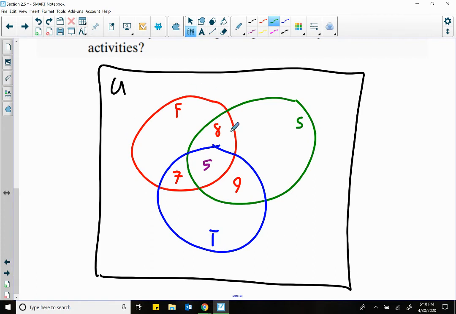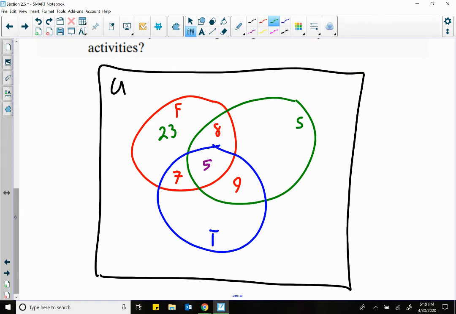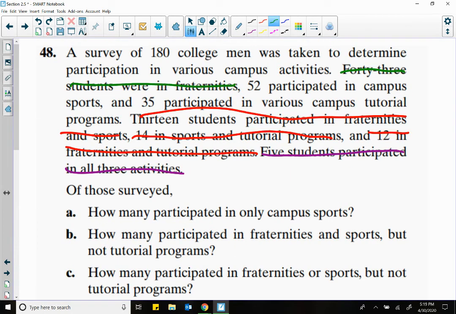But again, this whole circle has to be 43. So 43 minus 20, there are 23 students in nothing but fraternities. Okay? Just to make sure that was 43, right? Yep. All right. Over here is sports. So it said that there are 52 in sports.